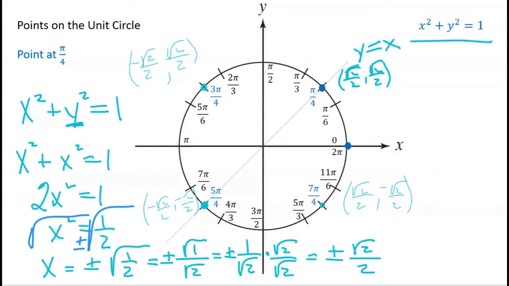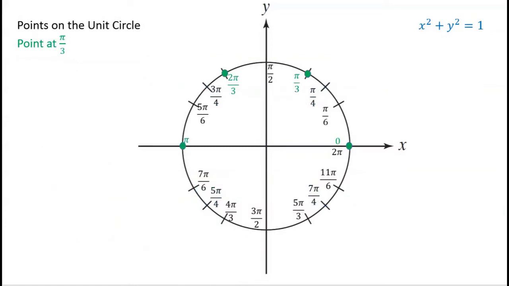Now don't worry, in the end I'm going to give you a really nice, clean-looking unit circle with all the information filled in. But I just want you to see why these values are as they are. Now, probably the most challenging point to figure out mathematically is this point, pi over 3, right here.